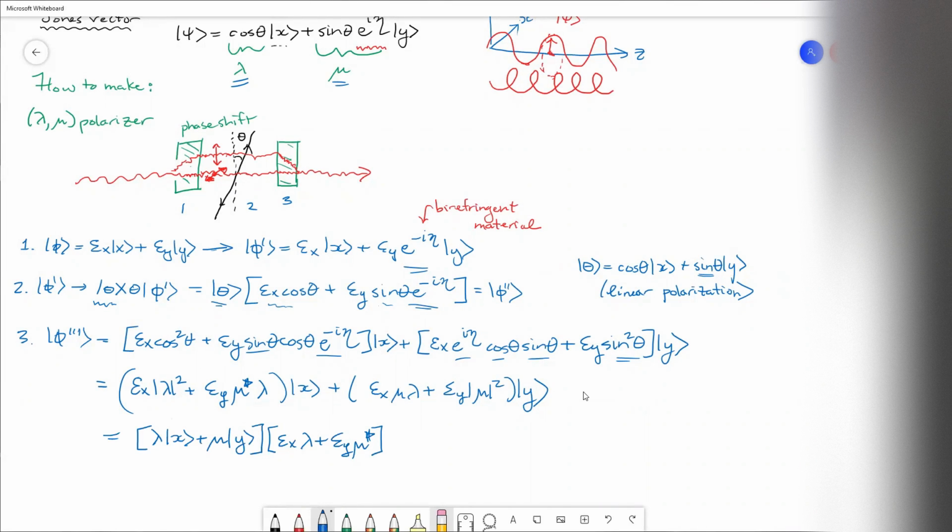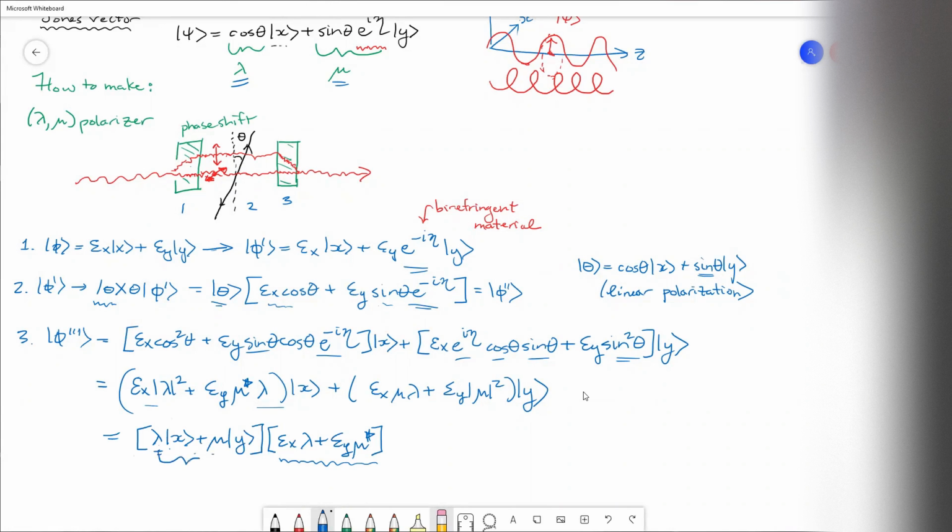Does that work? Yes, we can factor out a lambda from the X, and from here we factor out a mu. And so this is what we get: some complex number times lambda x plus mu y.